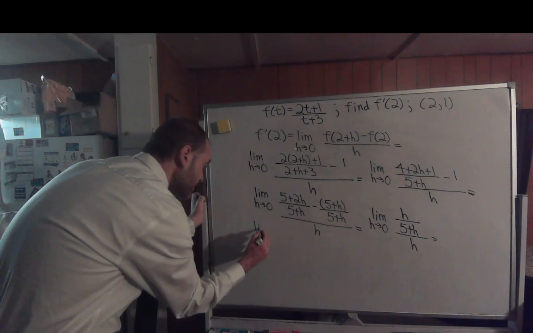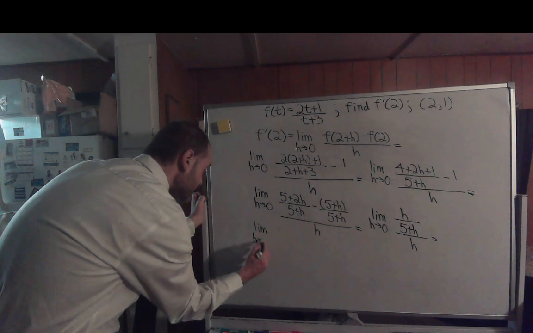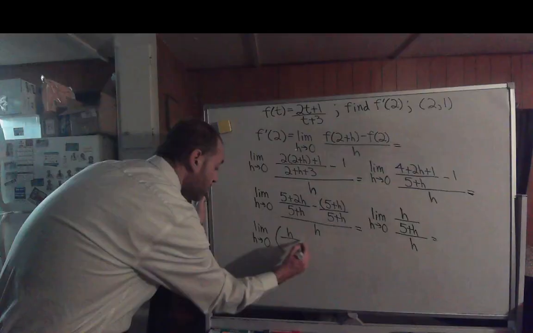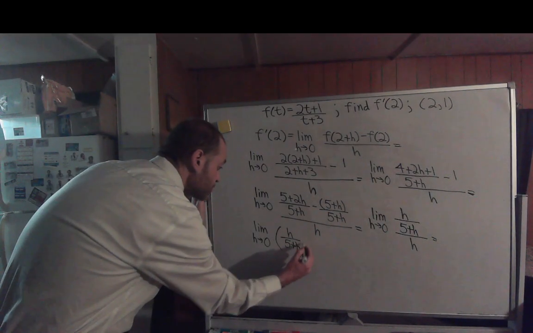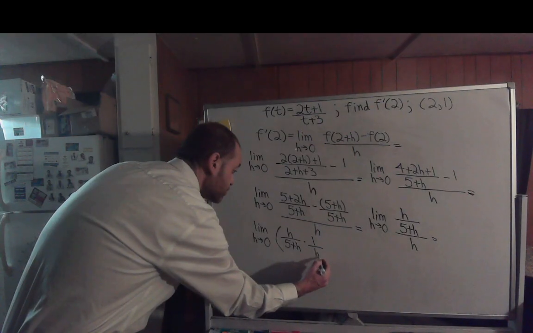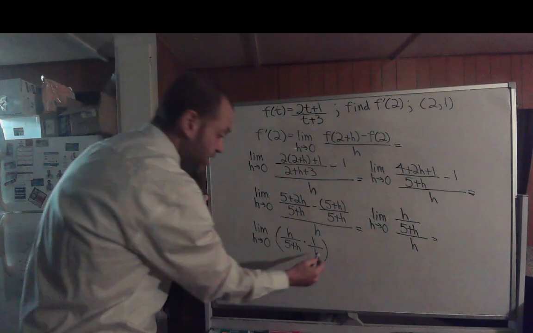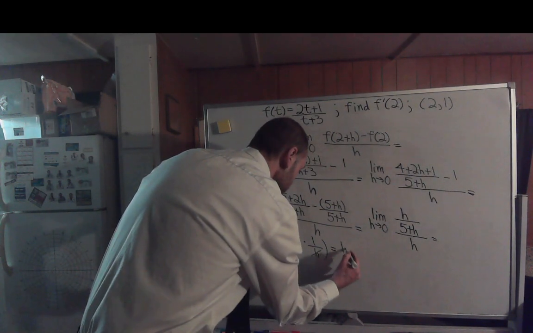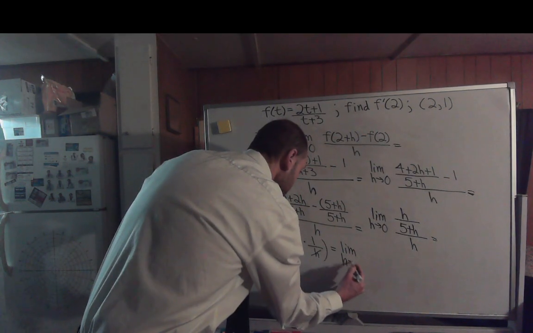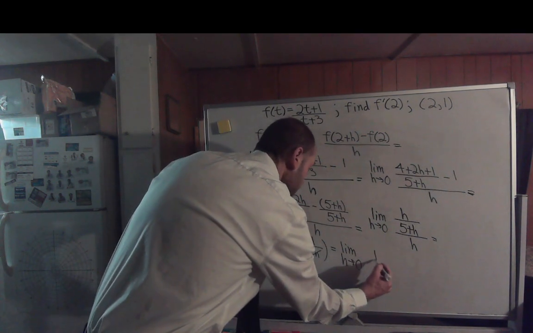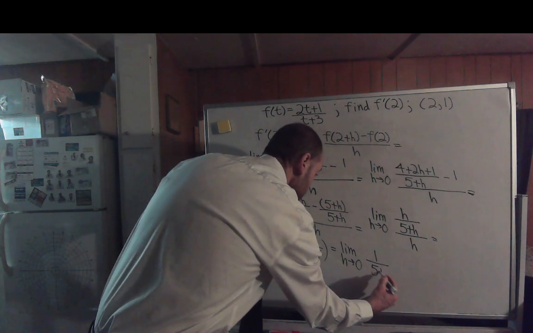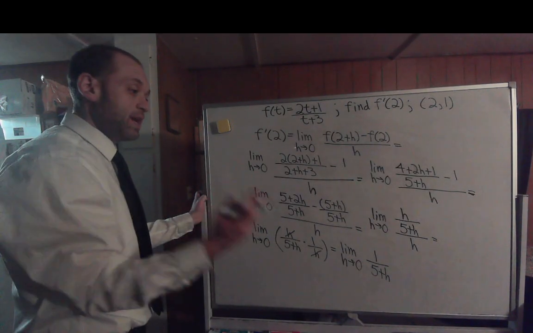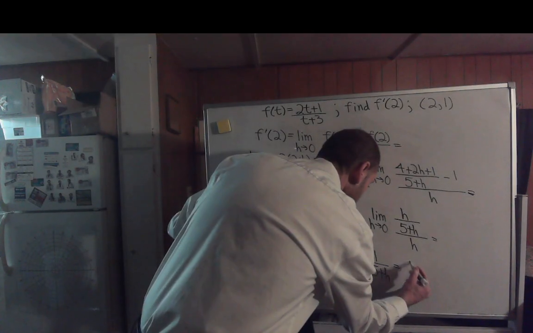This would turn into the limit as h approaches 0 of h all over 5 plus h times 1 over h. Well, you have a common h in the numerator and denominator that cancels out. This would just turn into the limit as h approaches 0 of 1 over 5 plus h. Now we can just do direct substitution, put in 0 for h, and you get 1/5.